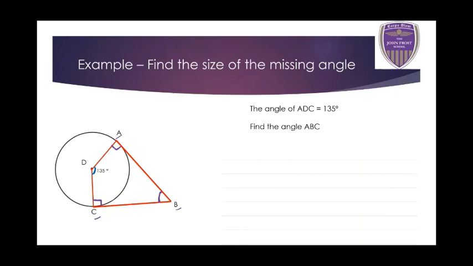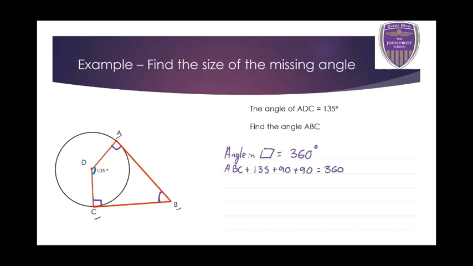And I've got a four-sided shape, a quadrilateral, and all angles in quadrilaterals add up to 360 degrees. 1, 2, 3, 4, it's close enough. So therefore ABC plus 135 plus 90 plus 90 have to equal 360 degrees.